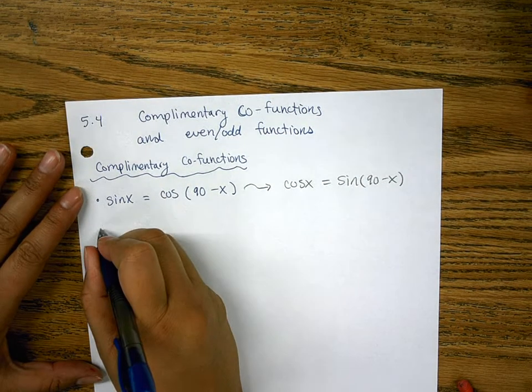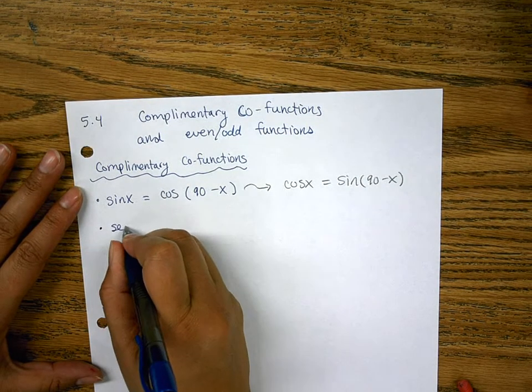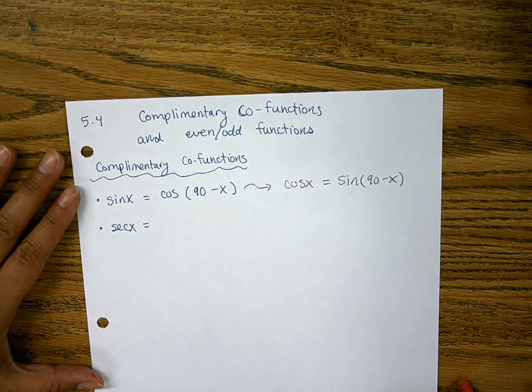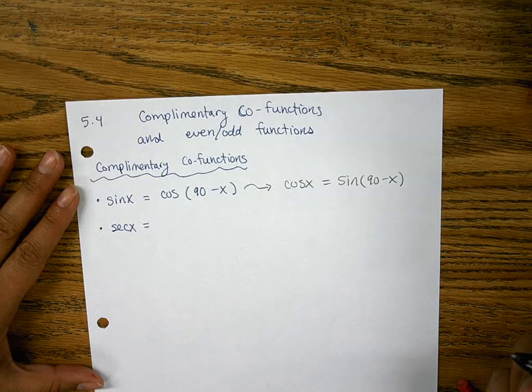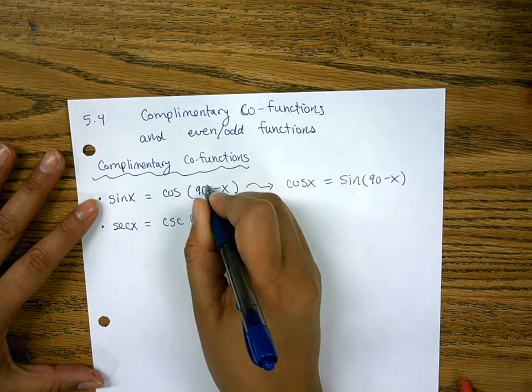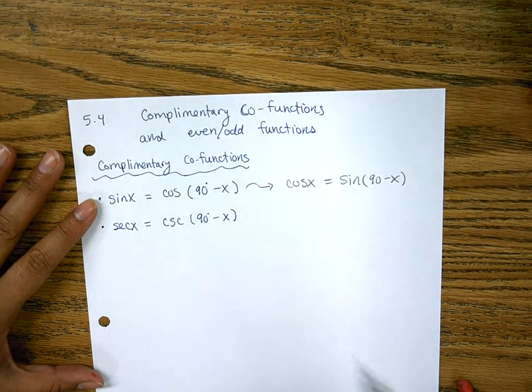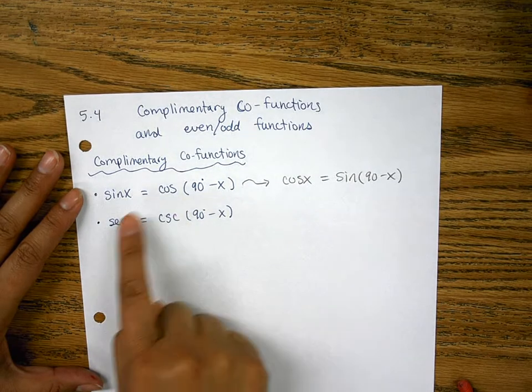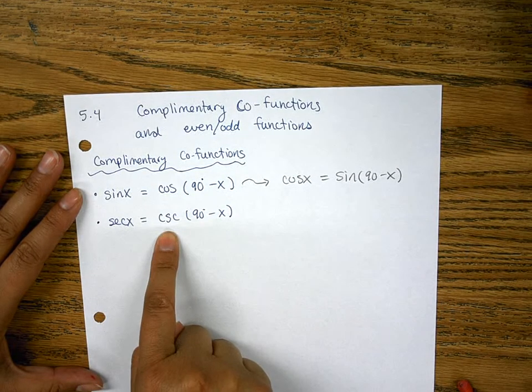Okay, next piece, secant of x equals. Now put co in front of the word secant and you get cosecant. Cosecant of 90 degrees minus x. Sine, cosine, secant, cosecant.